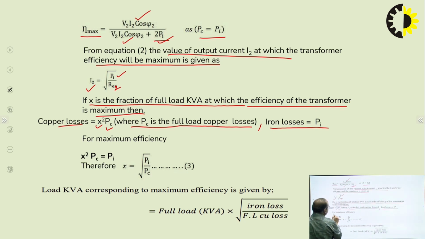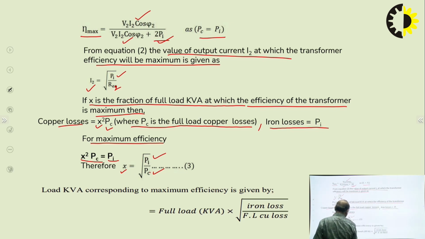Now, for maximum efficiency condition, copper losses should be equal to core losses. So, X square into full load copper losses should be equal to core loss or iron loss, so that maximum efficiency can be achieved. And from this, X becomes under root of Pi upon PC, where Pi is iron losses or core losses, and PC is basically full load copper loss.